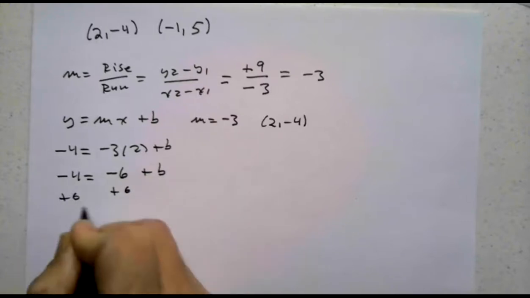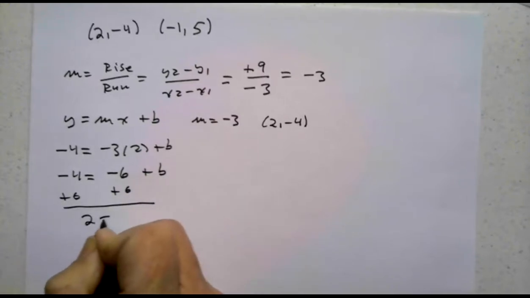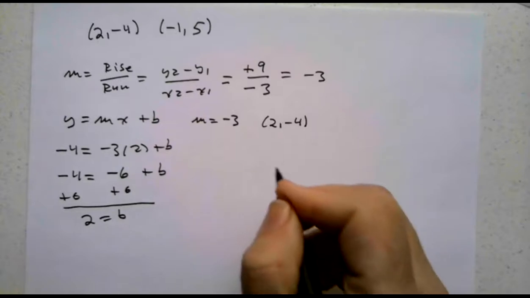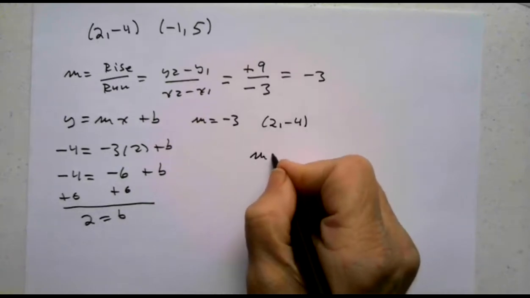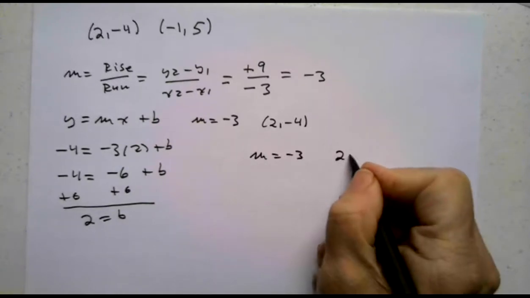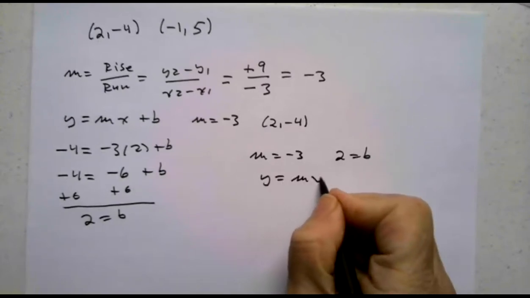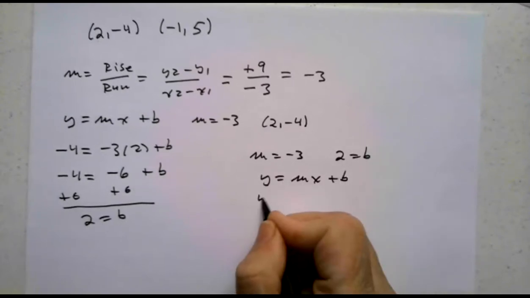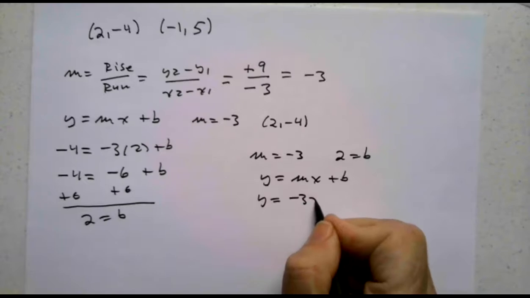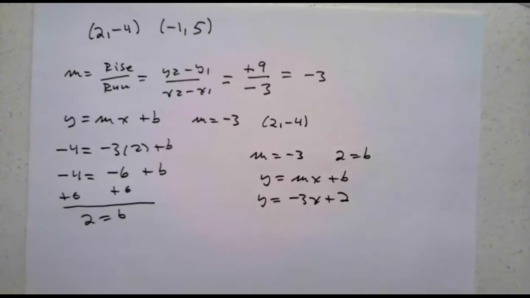Add 6 to both sides, and we get 2 equals b. So m equals -3 and b equals 2. Our equation is y equals -3x plus 2.